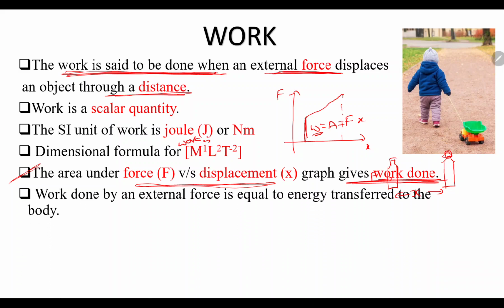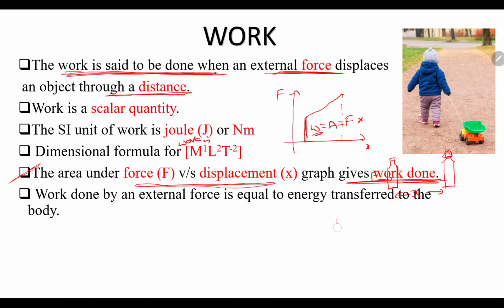Then we have work done by an external force is equal to energy transferred to the body. How much energy is transferred to a body, that much work will be done. If you don't transfer energy, there will be no work done. There are different types of energy, like chemical energy, kinetic energy, potential energy, thermal energy, wind energy, hydroelectric energy. There are many different types of energies, but here we mainly talk about mechanical energy.